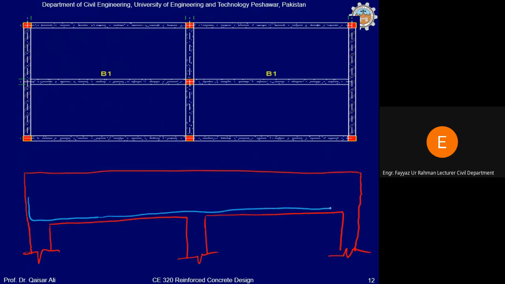And these are the 4 bars which will be provided continuously in the bottom, with a cover of 1.5 inches. You know that. Okay. And as I told you that you can curtail 50% bars at the interior support only.